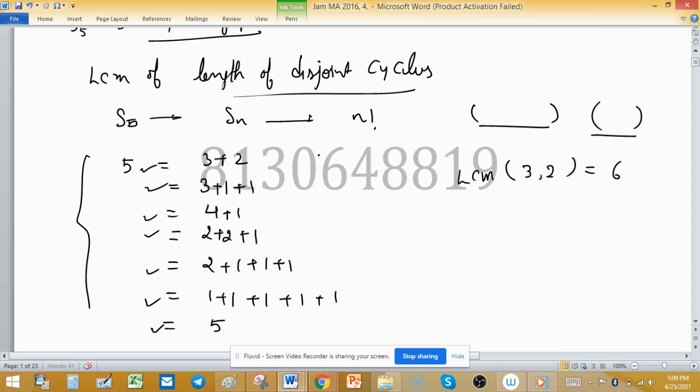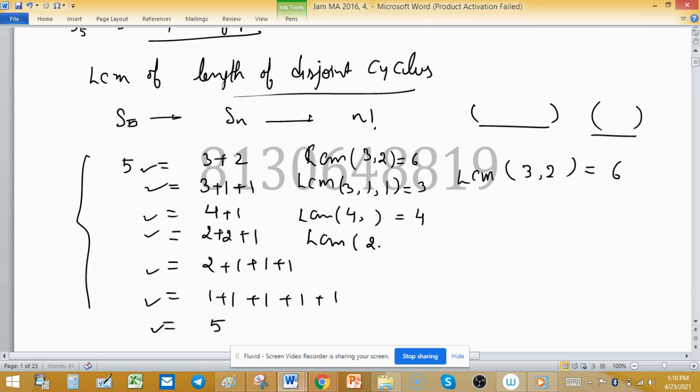So the element order is the LCM of 3 and 2, which is 6. LCM of 3, 1, 1 is 3. LCM of 4 and 1 is 4.